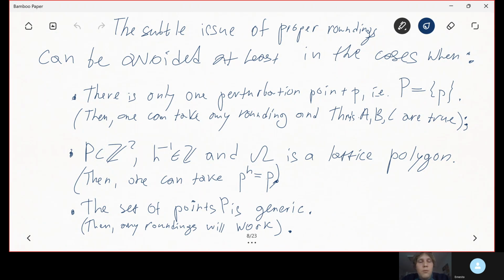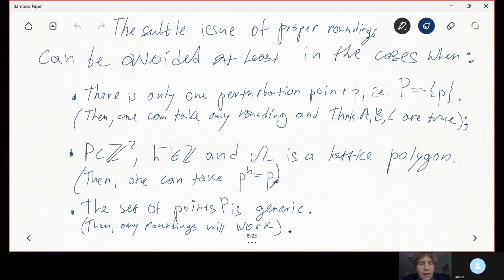Then in a somewhat purely combinatorial or computer science setup, when you do experiments with a computer, when your domain is a lattice polygon, your points are lattice points and your scaling is the inverse integer, then you can take these roundings just tautologically: the point itself, because every point would still belong to the rescaled lattice.